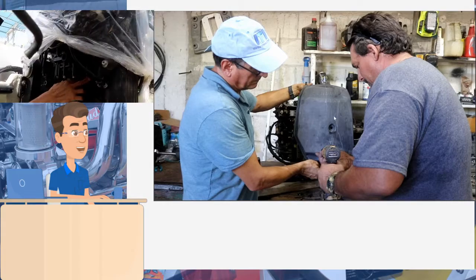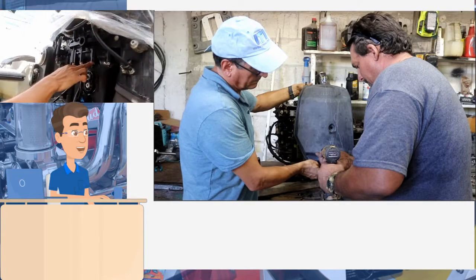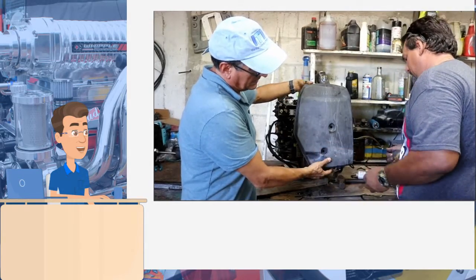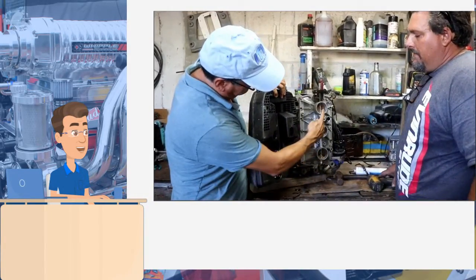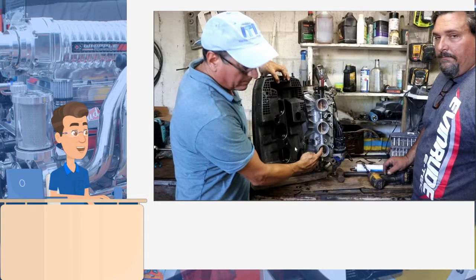We are going to remove the air filter in this moment, and immediately this is the intake manifold, and those are the throttle bodies. The intake manifold and the throttle body are integrated, and located on the crankcase.